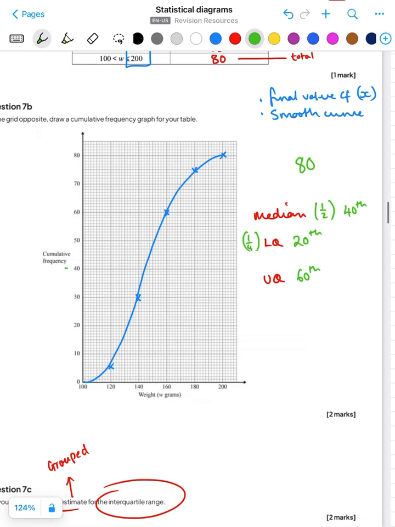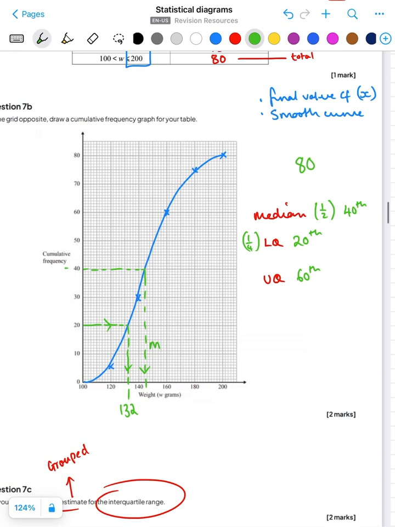So using my cumulative frequency curve, I can see that for the median, we go across at 40, where we hit the line, we come down. So approximately 145 grams is the median. The lower quartile is the weight of the 20th potato, so we come across at 20, hit the line, and we come down. So approximately 132.